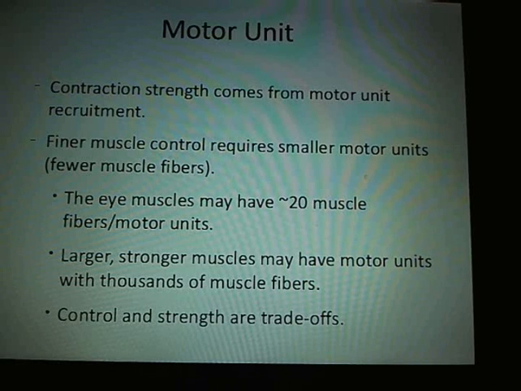On the other hand, in large, strong muscles that don't need a lot of fine control, you might have one motor unit firing 1,000 different muscle fibers. That's the difference between the control and strength trade-offs.